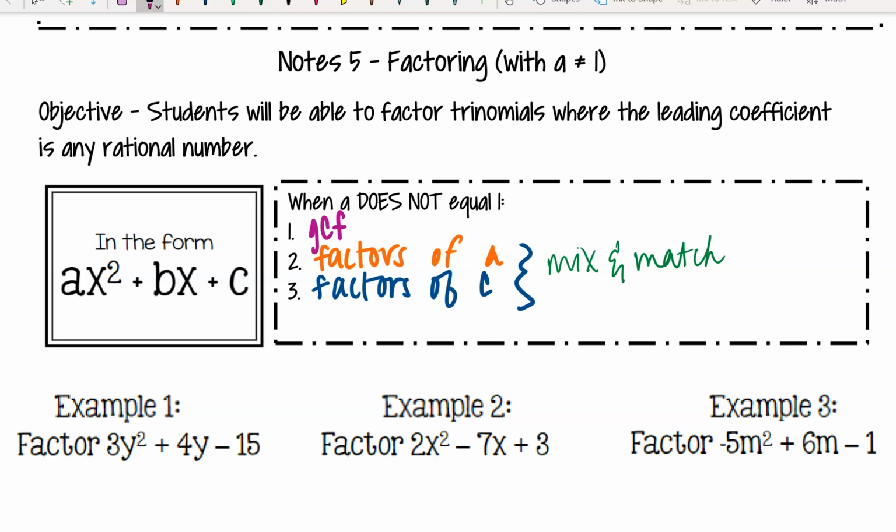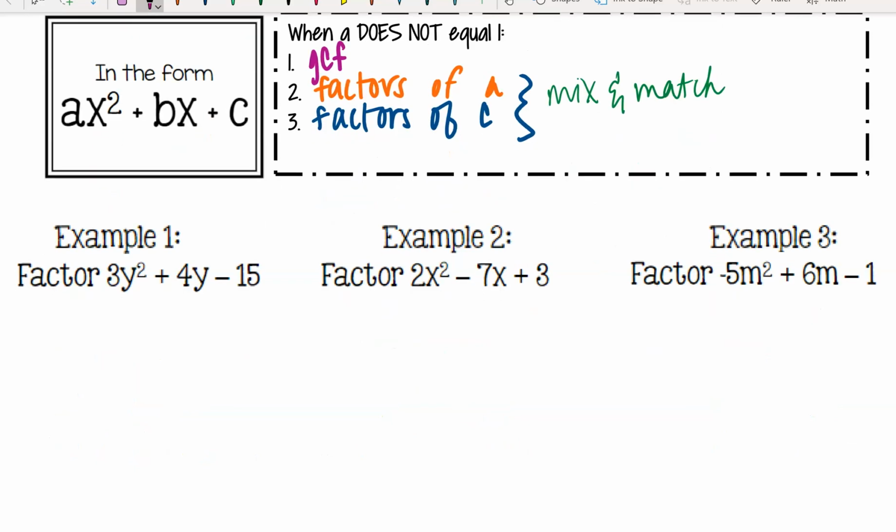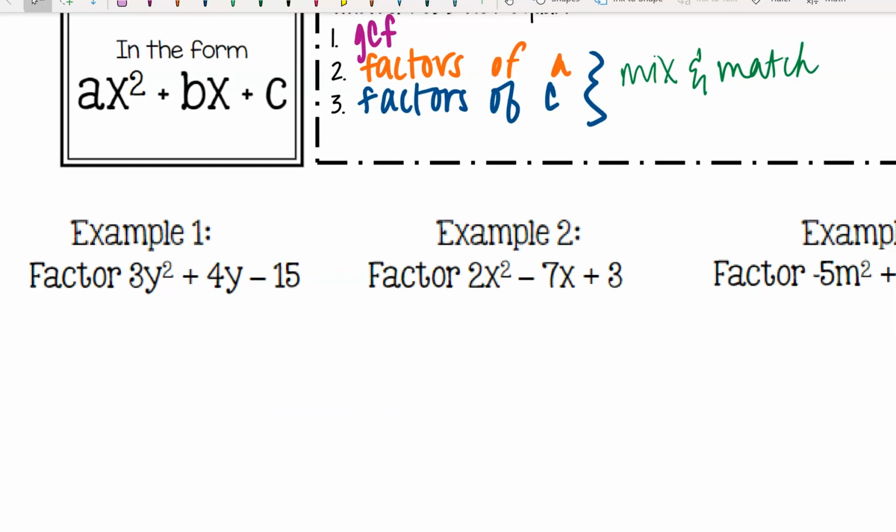Okay, so we're going to go through some examples and I'm going to show you what I mean by that. So first things first, example one, I have 3y squared plus 4y minus 15. First thing I want to look at is always, do I have a GCF? So 3, 4, and negative 15, do they have anything in common?